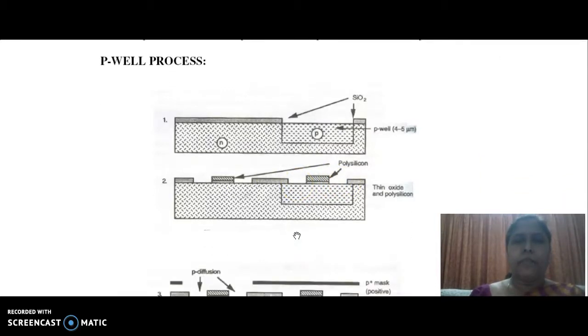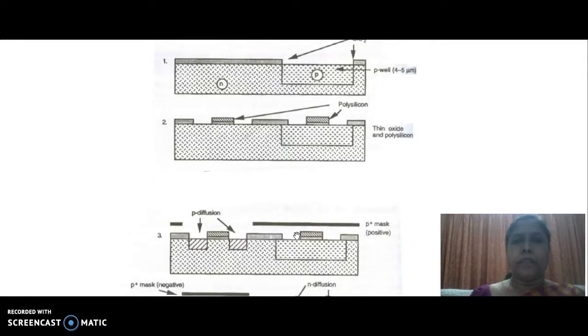That is done with the help of the photolithography process and chemical etching. Then the entire surface is covered with a thin SiO2 layer, and you have to deposit polysilicon over the entire structure by making use of the chemical vapor deposition method.